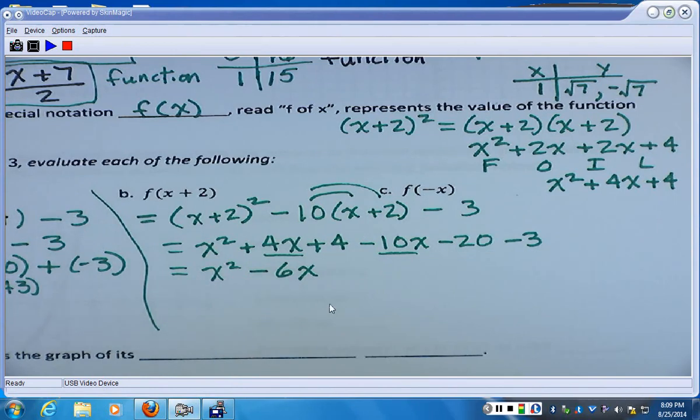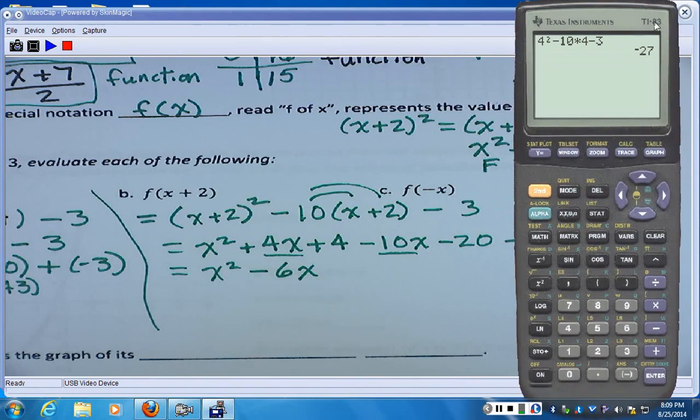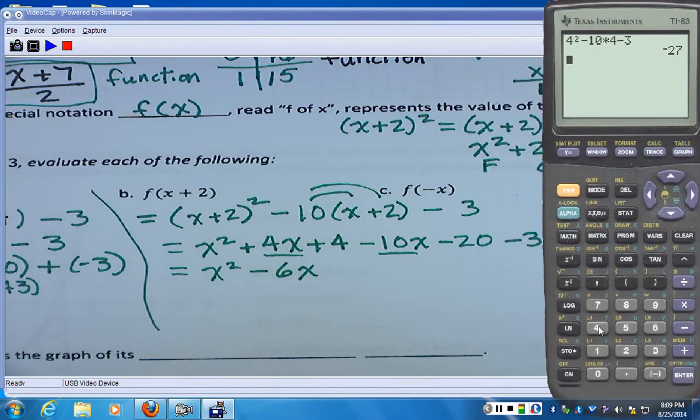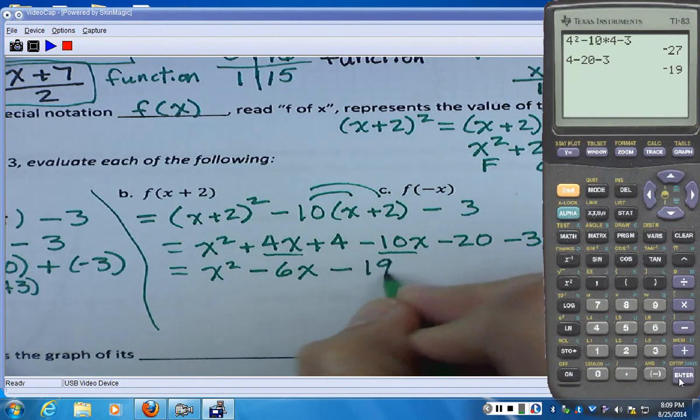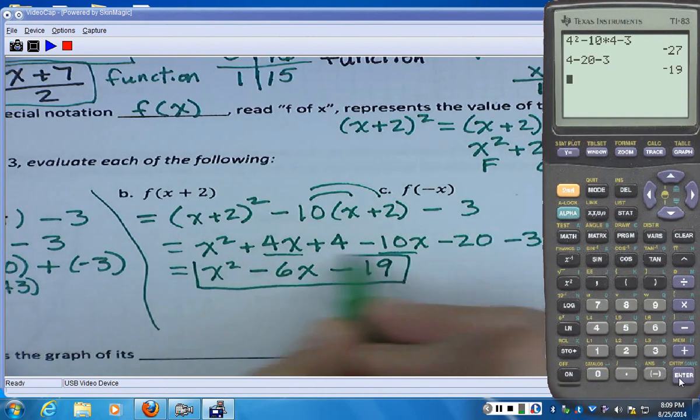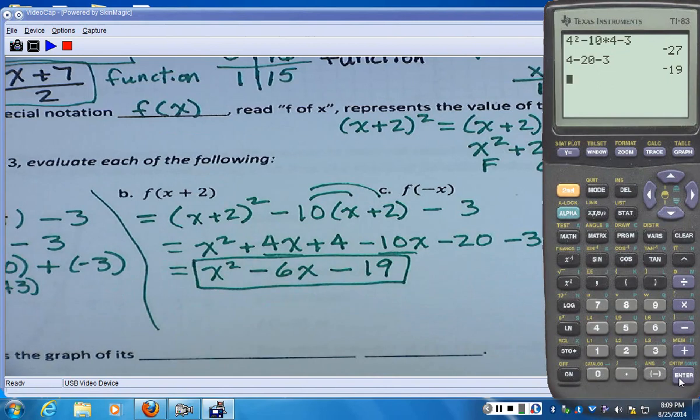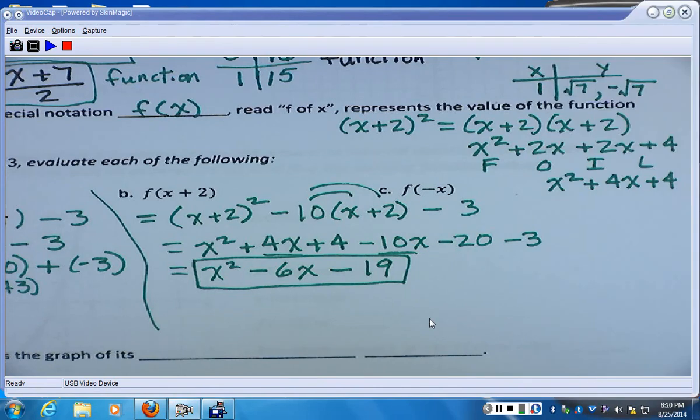If you want, you can take your calculator and do 4 minus 20 minus 3, and that's negative 19. So here's your answer. Okay? Any questions on that one? Got it?